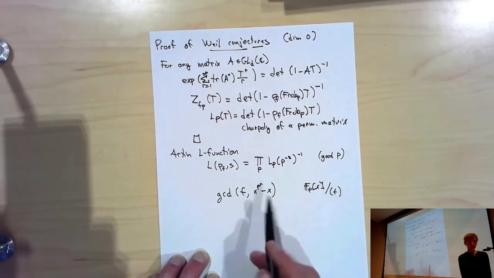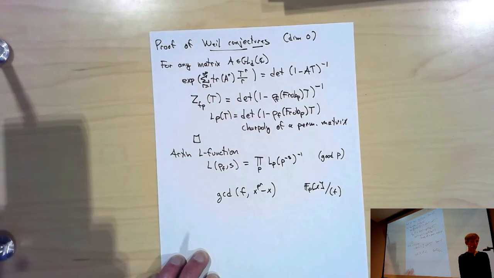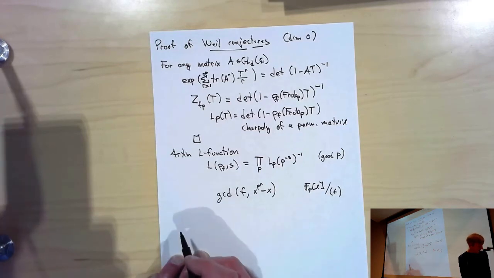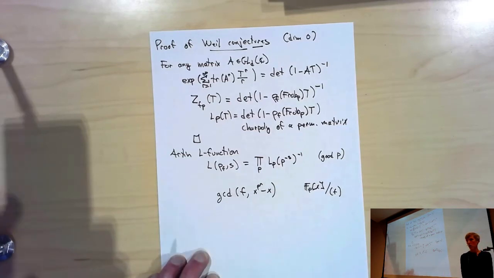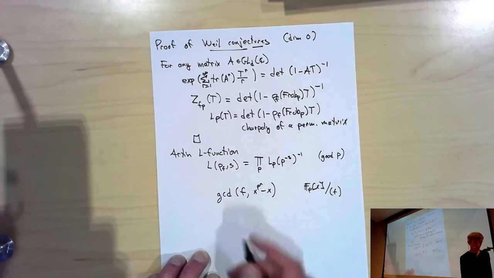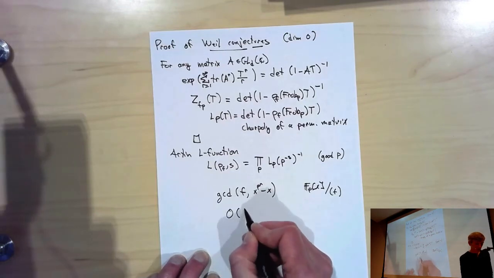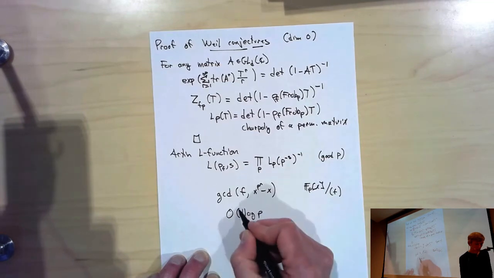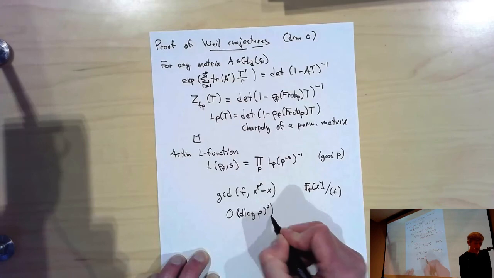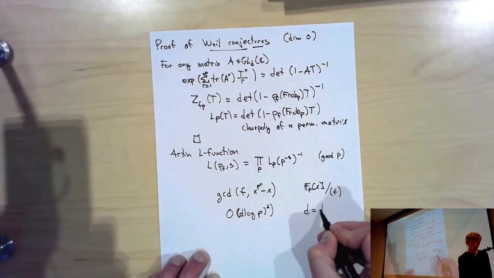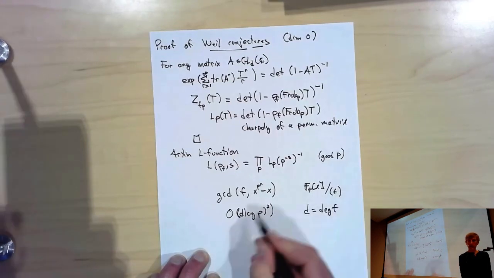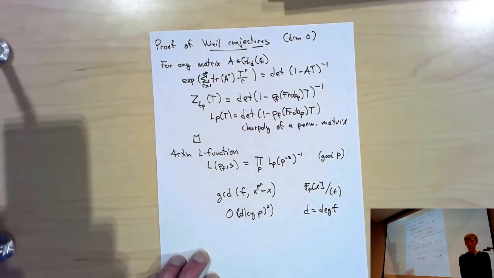So I never have to work with polynomials of very large degree. If you work this out, this gives you an algorithm that runs in time that's quasi-quadratic in log p. Very fast. The running time is quasi-quadratic in the degree of the polynomial and the logarithm of the size of the finite field.